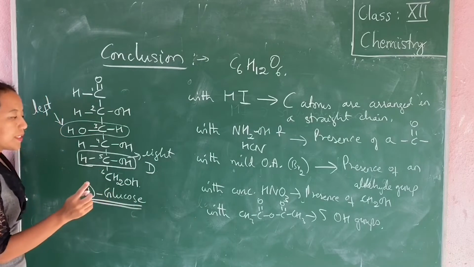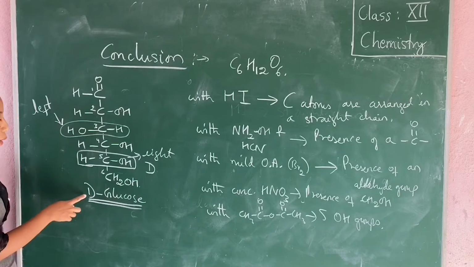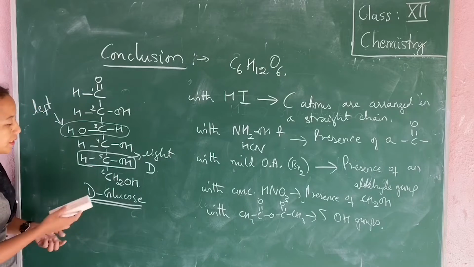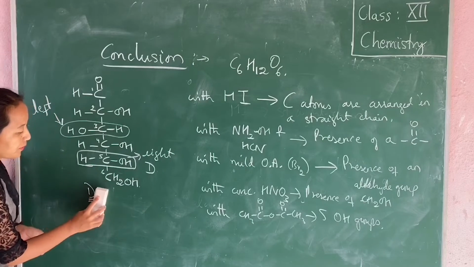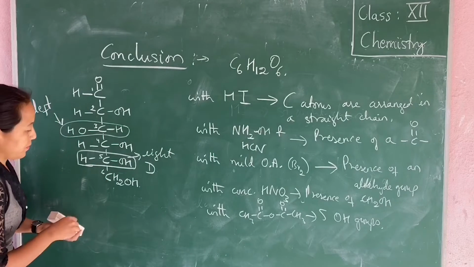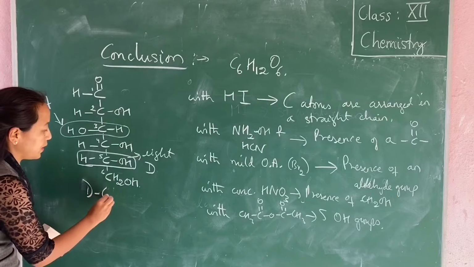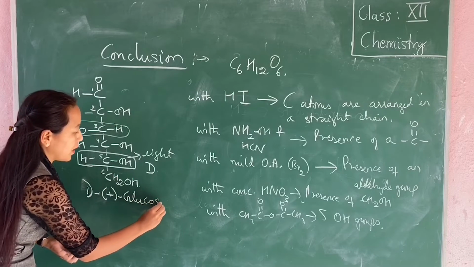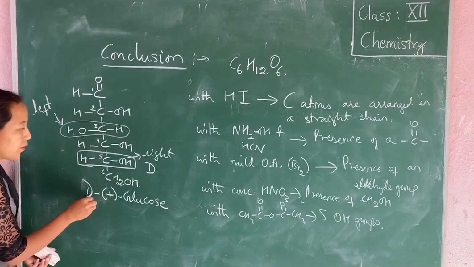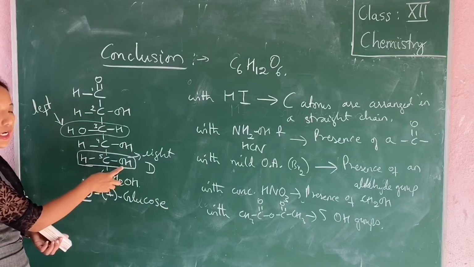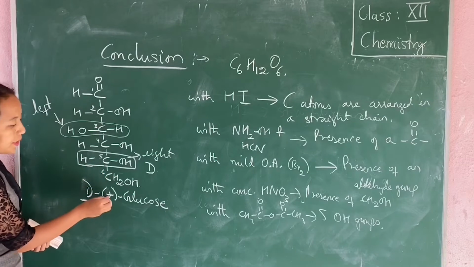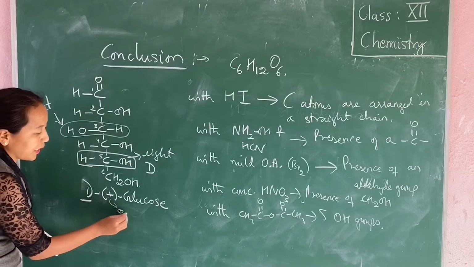Now you will see that along with D, a plus sign is also indicated. So D plus glucose. Now D indicates the configuration of the OH according to the chiral center carbon, whereas the plus sign indicates the optical activity.